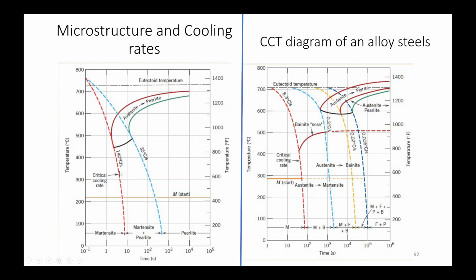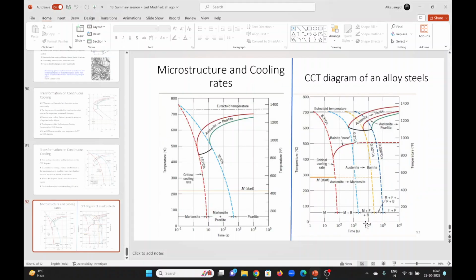If your cooling rate is higher than this, then martensite will form, and near this, martensite plus pearlite will form, and if cooling rates are slower, then pearlite will form. In some alloy steels you can also get bainite formation. So the bainite region will also be there. So there will be these mixtures of phases that can form.